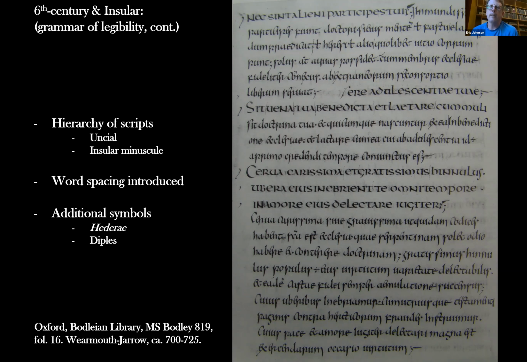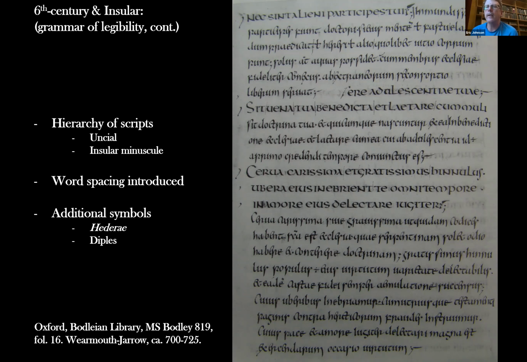So let's take a look at the image on the right here. If we look at the very top line of text, you've got a diple on the left, followed by the word nec. And then if you follow that line through, you're going to see a change in the style of handwriting. And just before the change in that style of handwriting, you see a hedera, a leaf symbol.